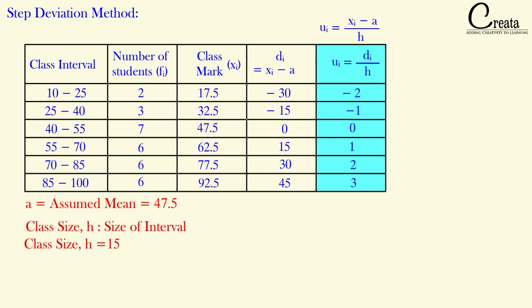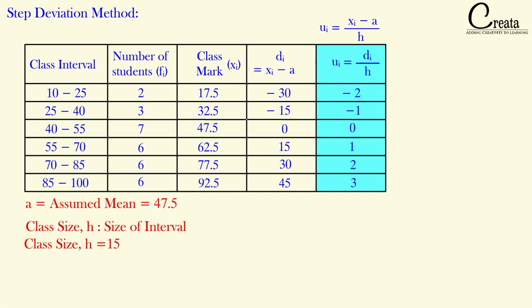Now the data is looking very simple, so you may be thinking why we are again going for a simpler method. We are doing this because in actual practical cases the data may be very large and the values are also very large. We have to go for different methods in which our calculation becomes much easier.